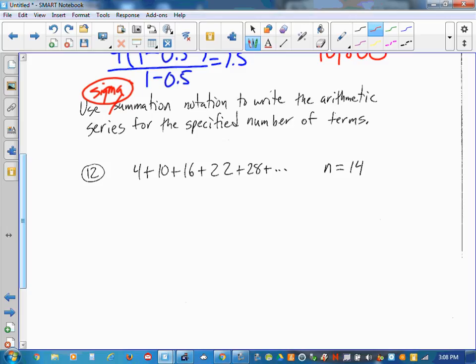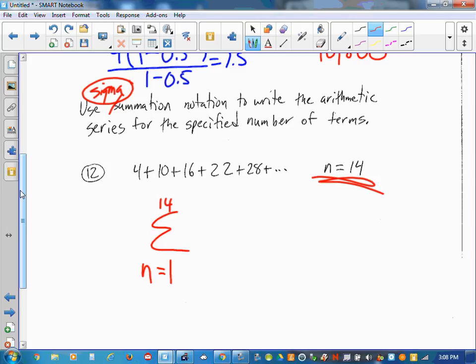Okay, so we're going to go 1 to 14. How do I know I'm going from 1 to 14? Because it says you have 14 terms. Now I got to figure out, do I do an explicit formula for arithmetic or for geometric? Well, what's happening each time? Oh, I'm adding 6 every time.